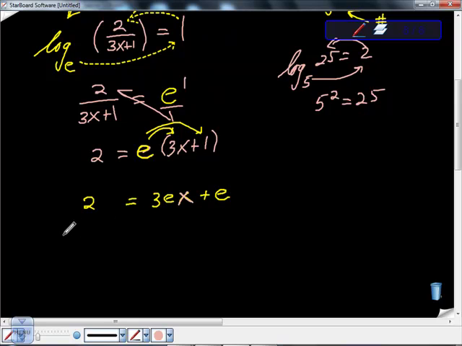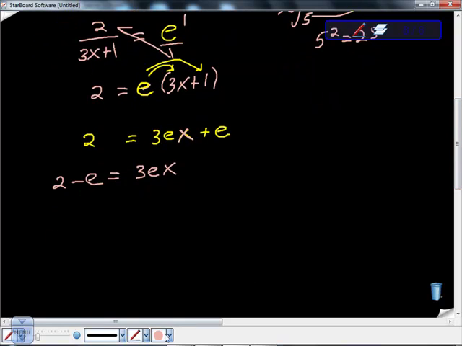I'm going to subtract e from both sides, and I'm going to get 2 minus e is equal to 3ex. Remember, again, we want x by itself, and 3e is being multiplied by it, so I'm going to divide everything by 3e, and we'll get x is equal to 2 minus e over 3e.